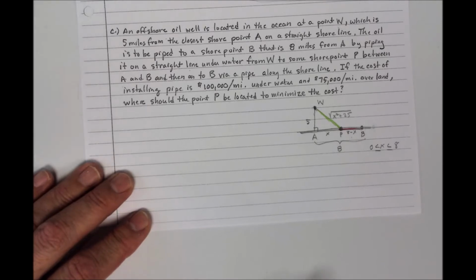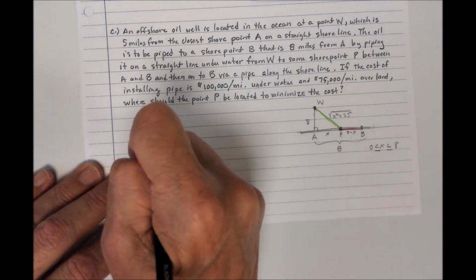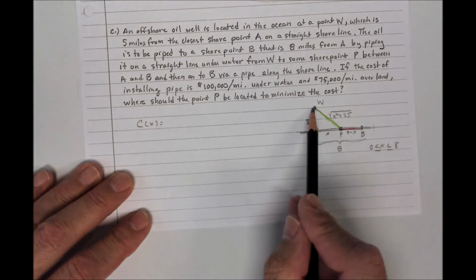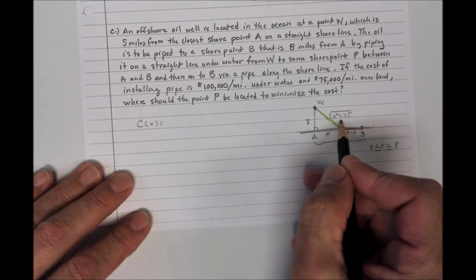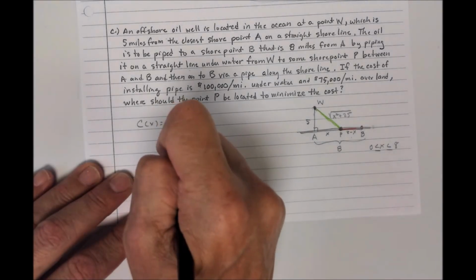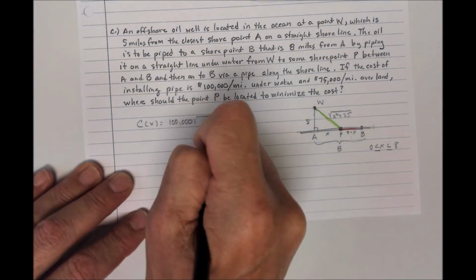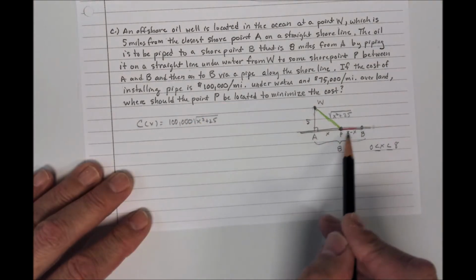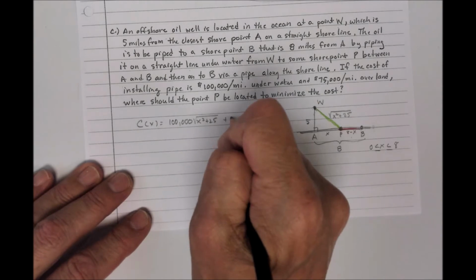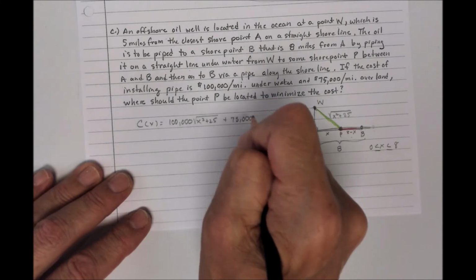And my cost would be, in green here, that distance at $100,000 for each one of those miles. That's 100,000 times the square root of x squared plus 25, and then $75,000 at 8 minus x, so plus 75,000 times (8 minus x).